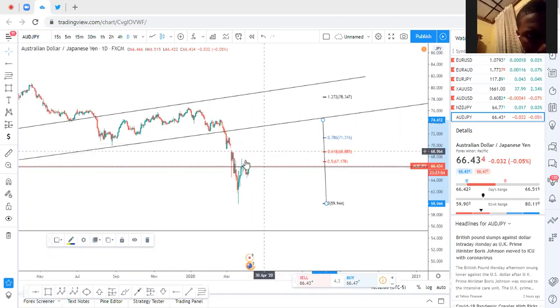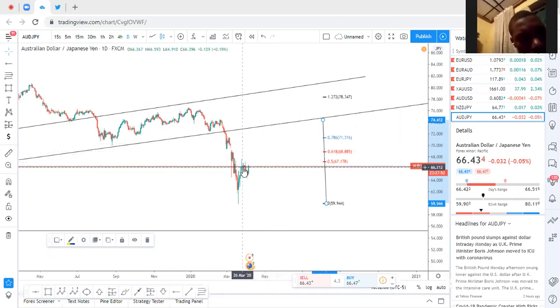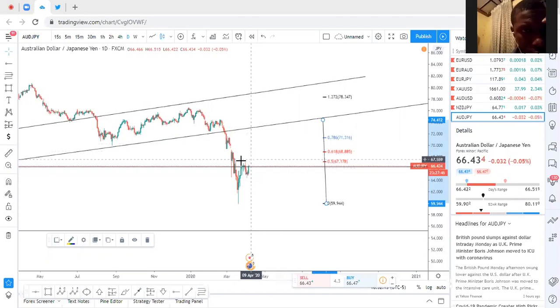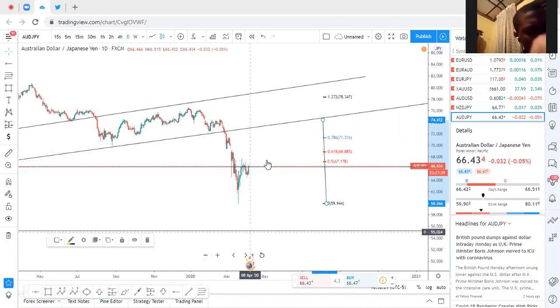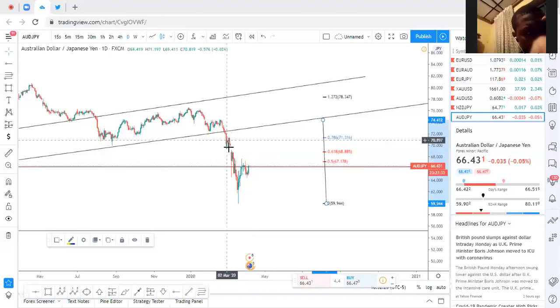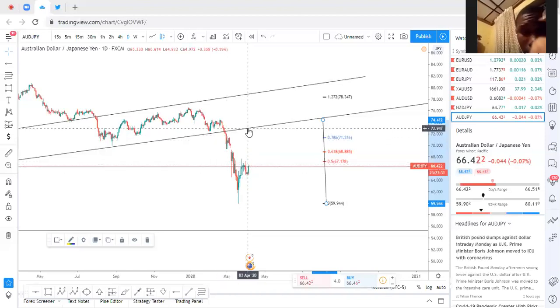So we just have to wait and see what price will give us around this place. If price got rejected and they push price down from here, if sellers take control, then we're riding it down here. But if buyers get the upper hand, then we're filling this gap and retesting this trend line again. So that's on that.